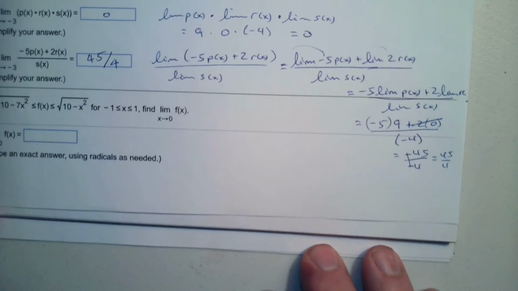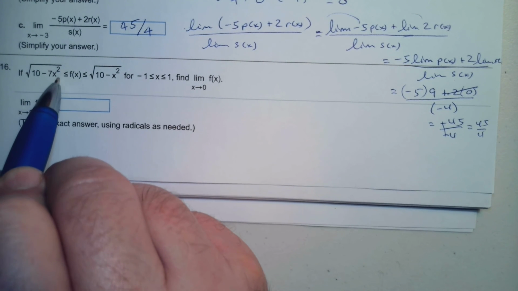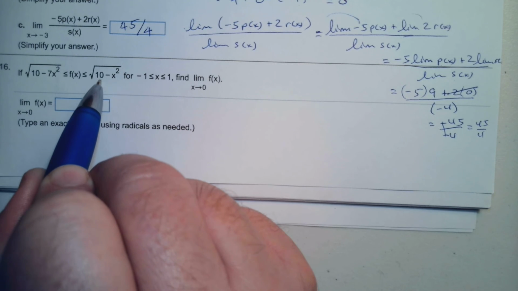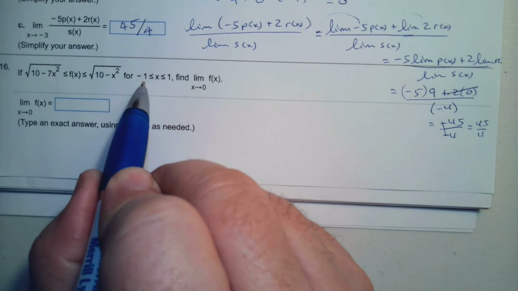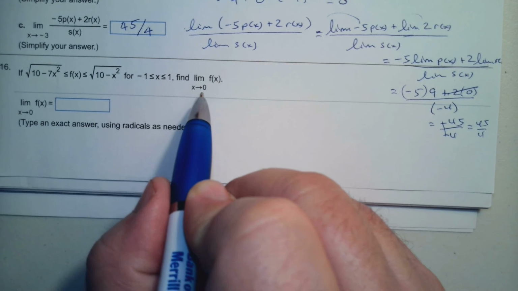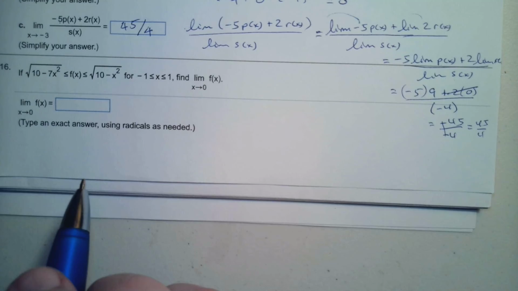Alright, then the last one. If radical 10 minus 7x squared is less than or equal to f of x, less than or equal to 10 radical 10 minus x squared for the interval negative 1 to 1, find the limit of f of x at 0. This is the squeeze theorem.